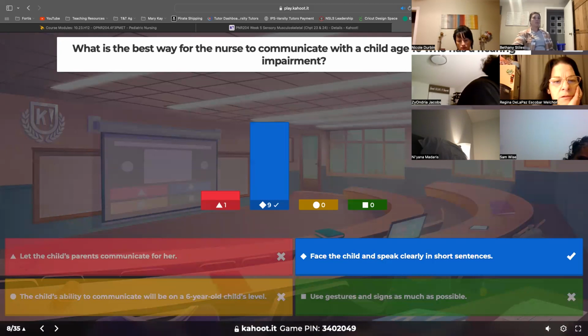So again, the best way to communicate with a hearing impaired child is going to be to make sure that we're facing them and we're speaking clearly in short sentences.